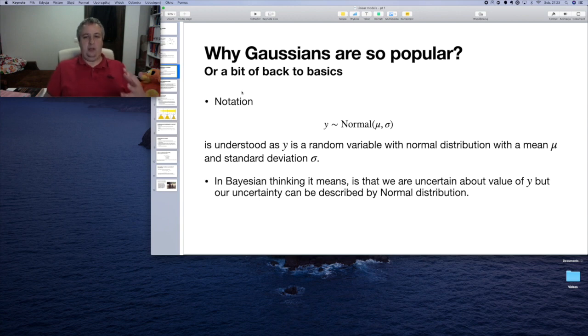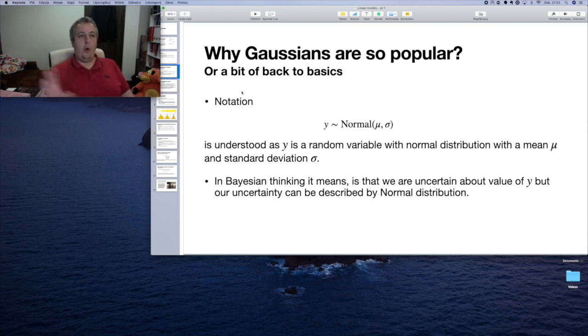In Bayesian speak, we can say something like this: we are uncertain about the value of y. The y is not a random number sampled from the distribution. Y is something of interest. We are uncertain about this value, and our uncertainty is expressed by a normal distribution.